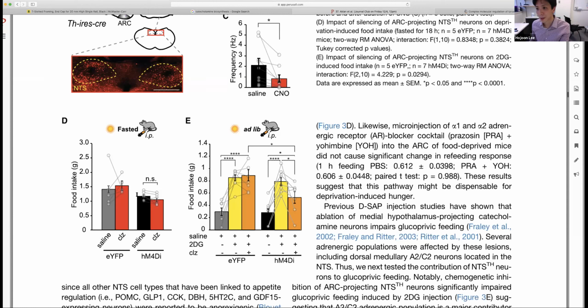But they don't really see that. They have to go through this specific glucoprivic pathway to see an effect of inhibiting these neurons.